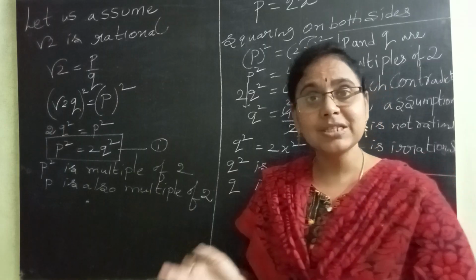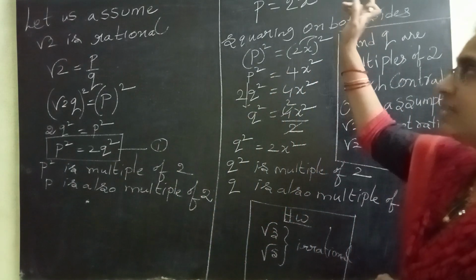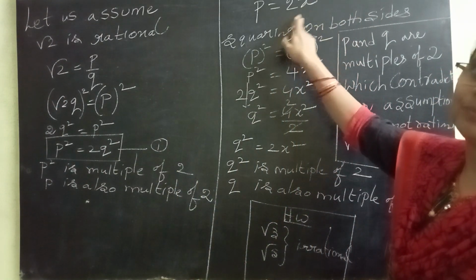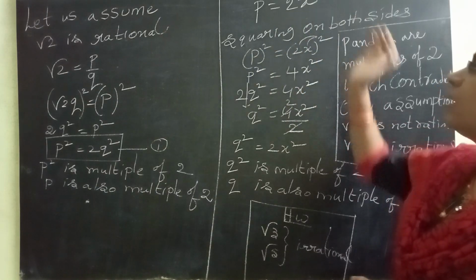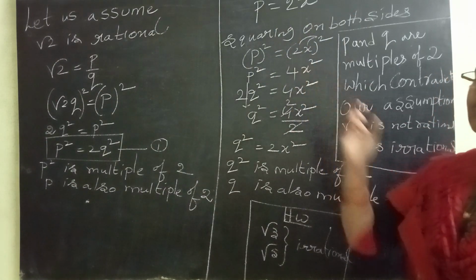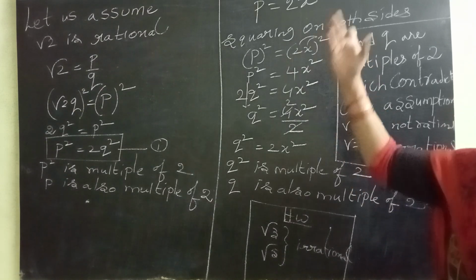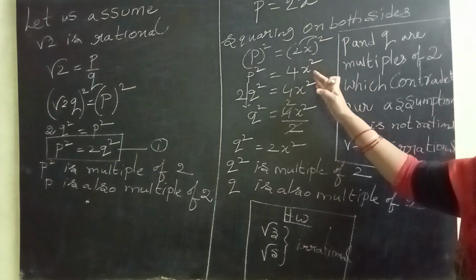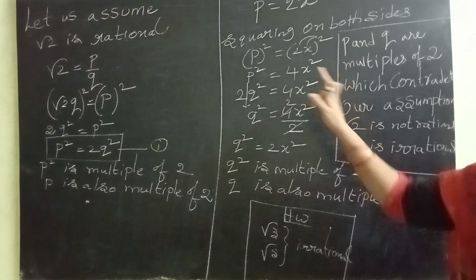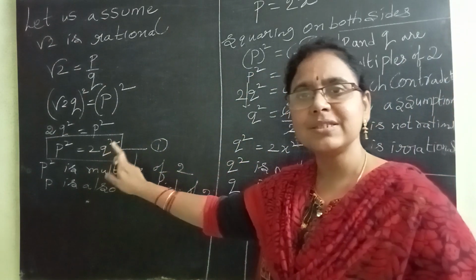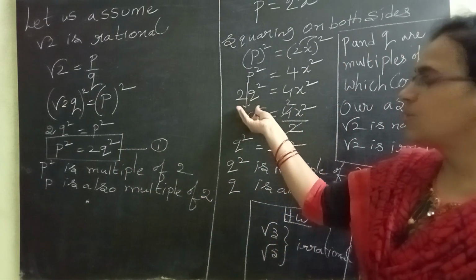Okay, when p is a multiple of 3, then p is equal to 3x. Again squaring on both sides. P square is equal to 3x whole square. 3 square means 9, x square means x square. Already we know p square is 3q square. Substitute here.